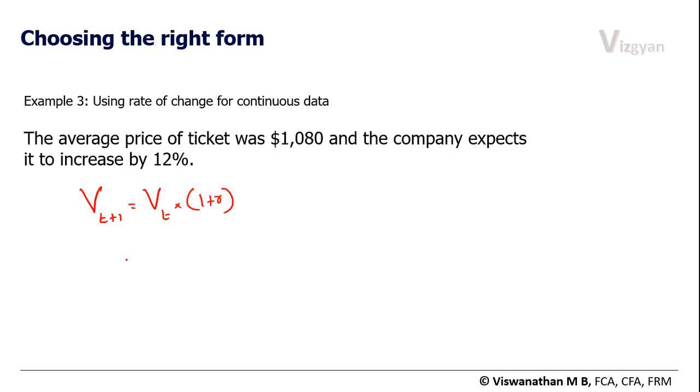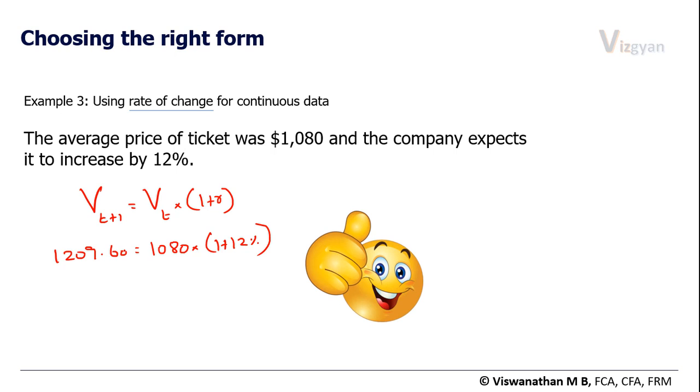So it's going to be equal to 1080 multiplied by 1 plus 12%, and this number comes to 1209.60. It's in decimals, but it's a ticket price, correct? A ticket price can be in decimals. There is nothing wrong in it. So that way, this one also works.